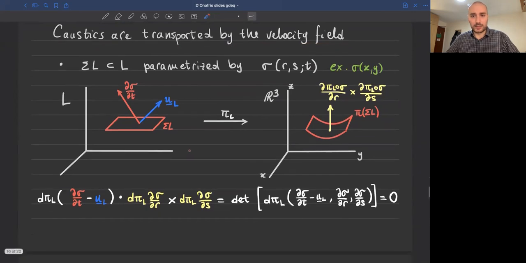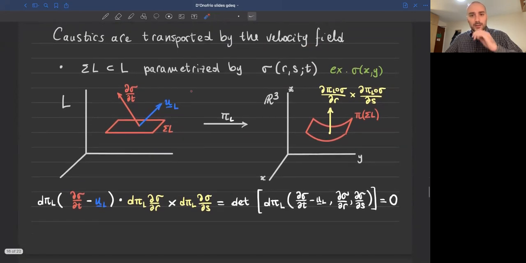And this slide tries to give a proof of this statement. The proof is as follows. If we just consider the singular locus, as parameterized by some function sigma, and for our example, sigma is just this, because x and y can be taken as local coordinates on L for that example.